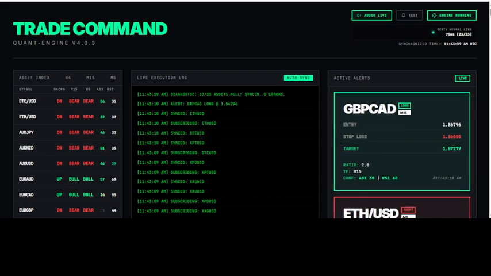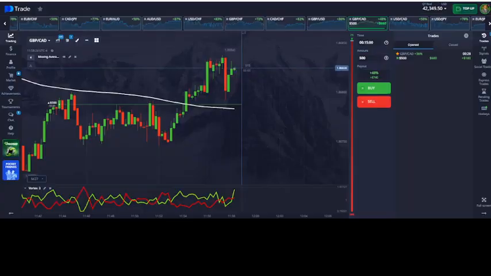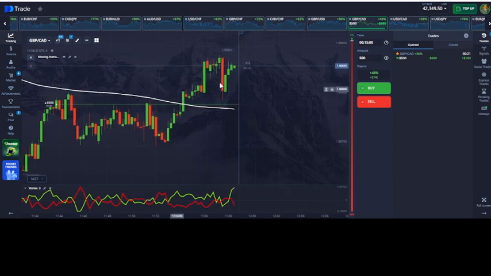All right, so in the interest of time, I'm going to pause the video and wait till about 30 seconds left in the trade. Okay, so I'm back on the Great British Pound Canadian Dollar 15-minute trade that I took here. And this was the level that I took it at. And currently it's in the money.